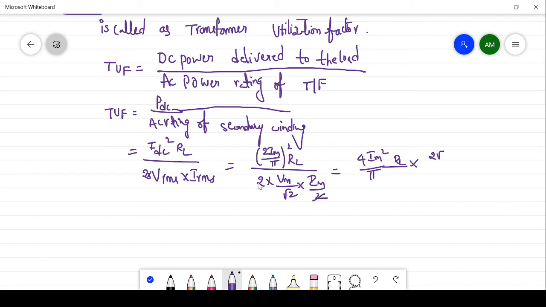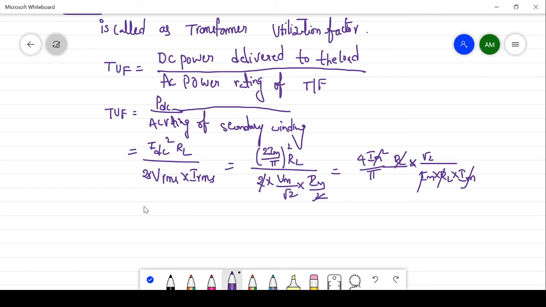Here 2 cancels. Again, Vm is nothing but Im into RL. So Im square cancels, RL cancels.